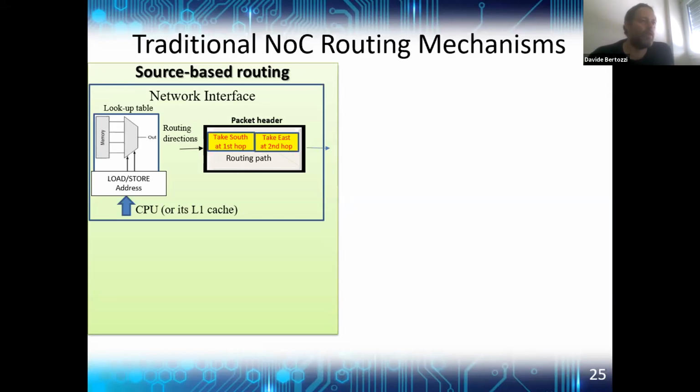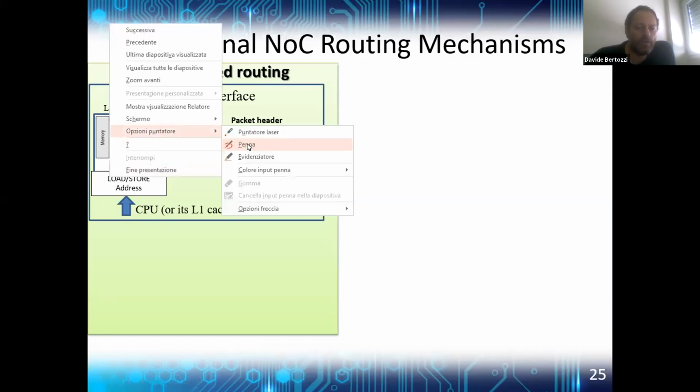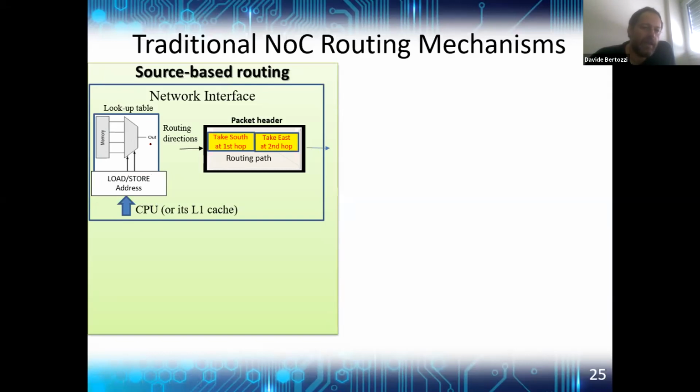There are two fundamental ways of implementing a routing algorithm. The first way is called source-based routing. So you have your CPU that has a load and store address, and with the load and store address, you go to a lookup table, and from this lookup table, you derive the routing directions that you should take at each switch in order to reach the intended destination.